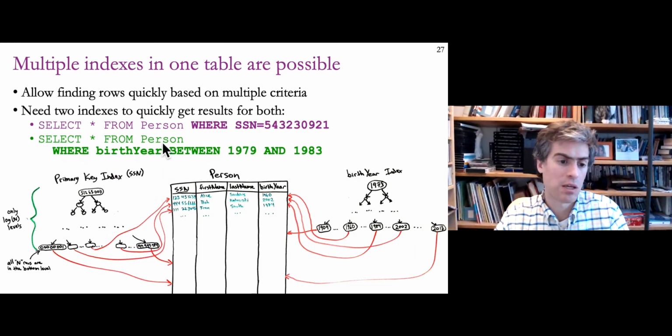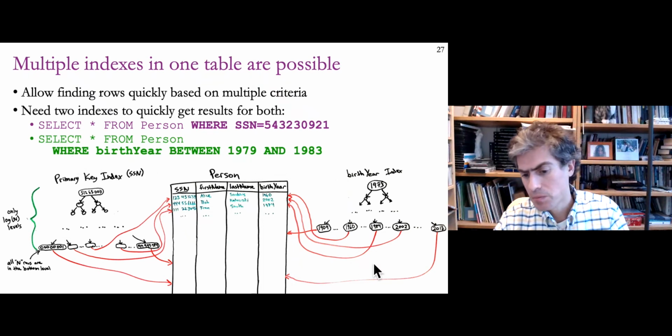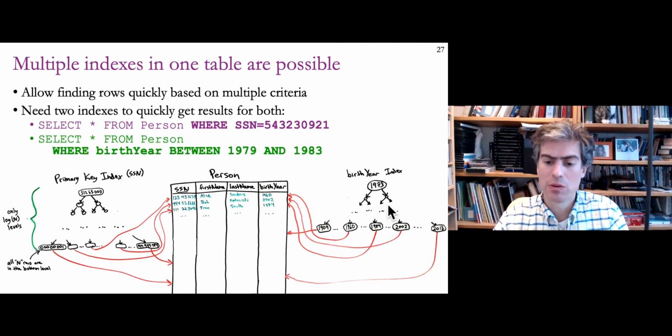This is selecting all the people that have birth year between 1979 and 83. The details of the tree are kind of skipped. These would actually be B trees, which support range queries. But the basic idea you should be able to get from this simplified view that I'm showing you.